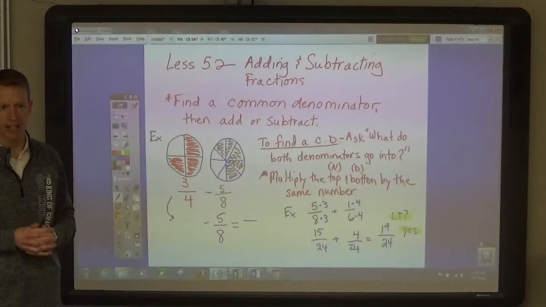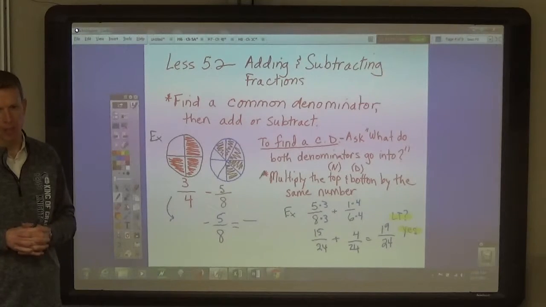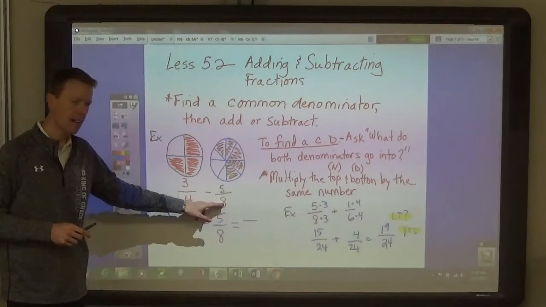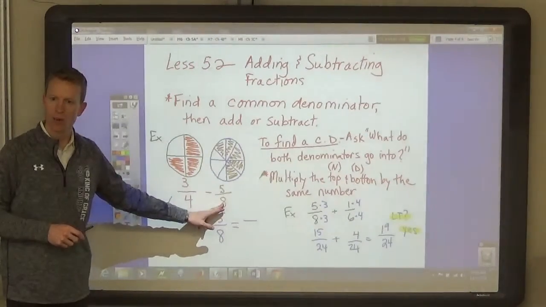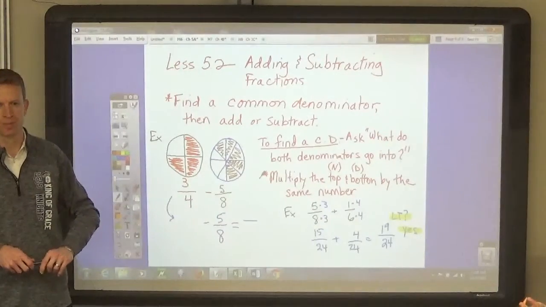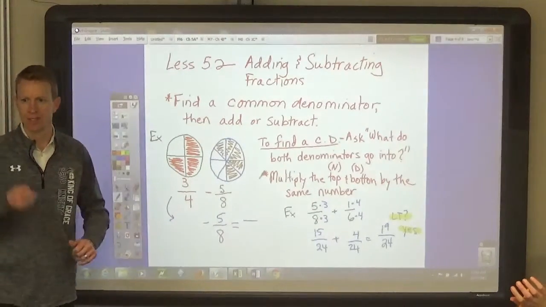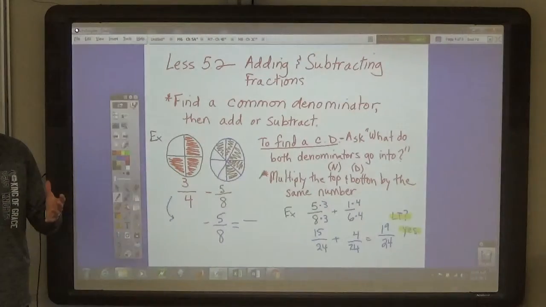What are we making the same? The denominator, yes. But if the denominator tells you the size of the pieces, then what are we doing by getting the same denominator? We're cutting the pieces into the same size.